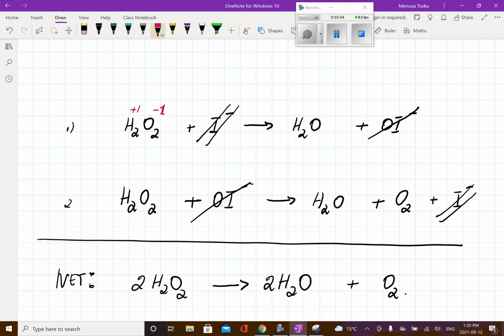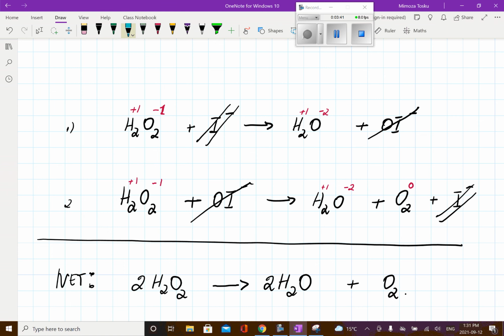Then in the products, oxygen in water will have -2 and hydrogen +1, while the oxygen gas, being an element, has an oxidation number of 0.